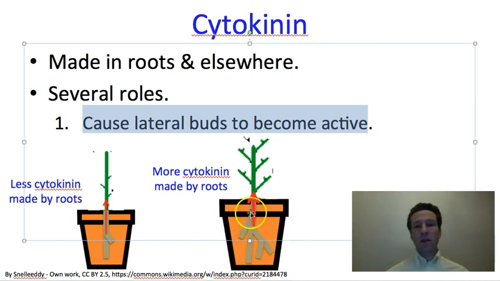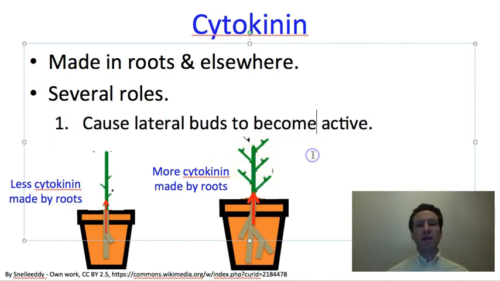This plant over here, though, you can see it's got a larger pot and it's got more roots. That means it can make more cytokinin that gets sent up into the stem, and that allows these lateral buds to become active, and we get growth of these side shoots. So here, cytokinin is doing the opposite of what auxin does. Auxin suppresses, and we get this. Cytokinin encourages their activity, we get this.